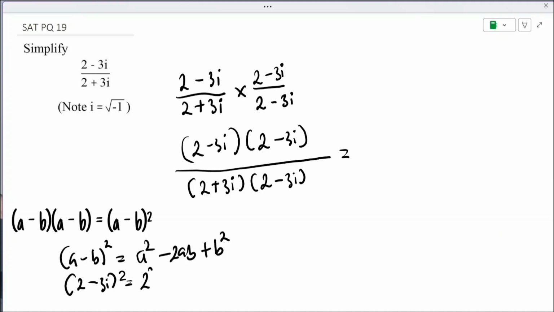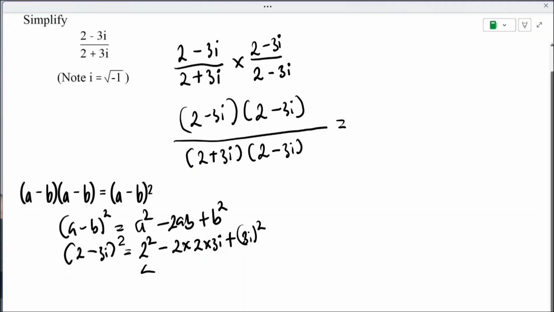So you have 2 square minus 2 times 2 times 3i plus 3i all square. 2 square is 4, minus 2 times 2 times 3 is 12, so this is 12i, plus 3 square i square. 3 square is 3 times 3, that's 9.